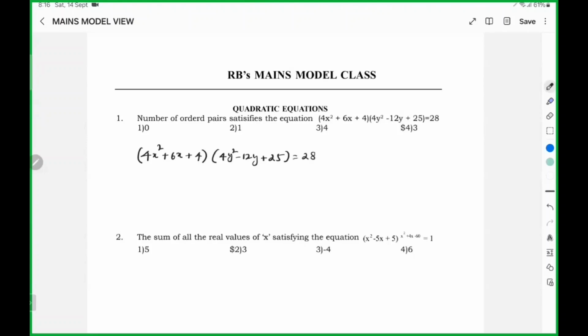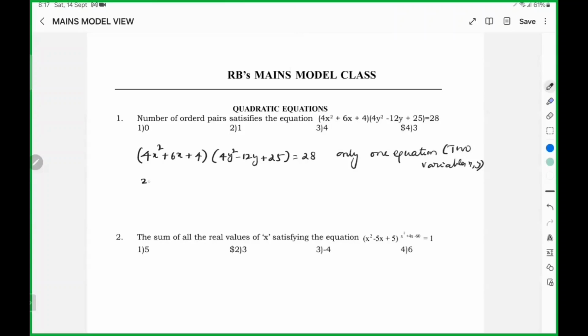So this equation, it's only one equation, but two variables are there. One is x, other is y. So solving is directly not possible. So there must be some strategy to solve this equation.